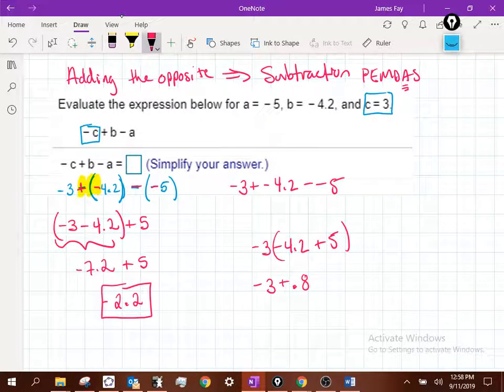And now negative 3 plus 0.8 still gives me negative 2.2. So the associative property or the commutative property, whichever one you want to use to group the 5 together, will still yield negative 2.2 for us. Is that all right? Okay.